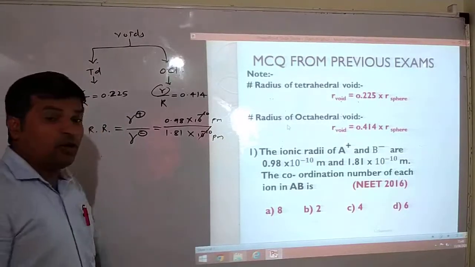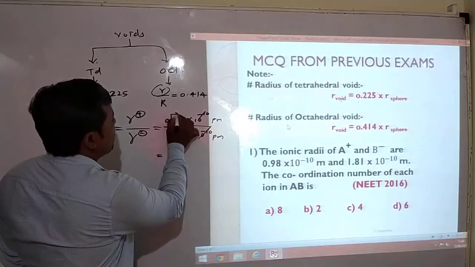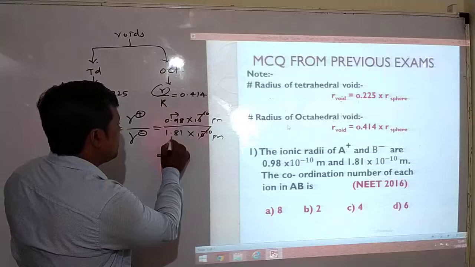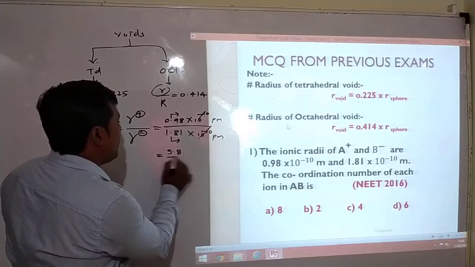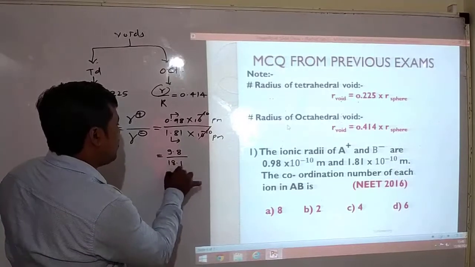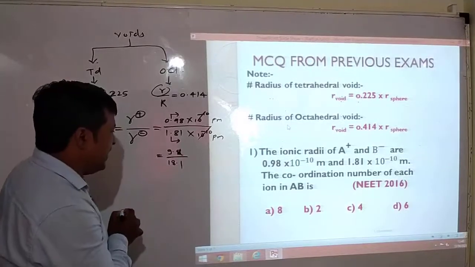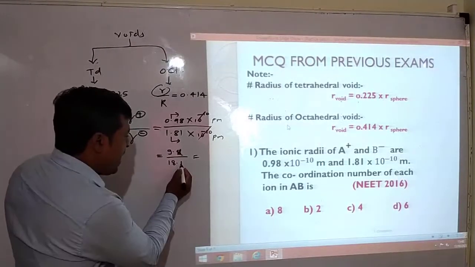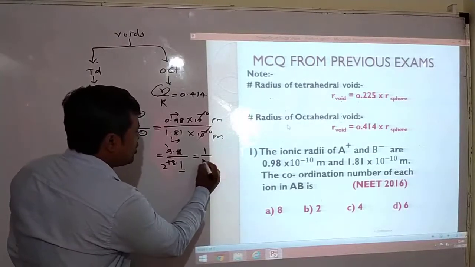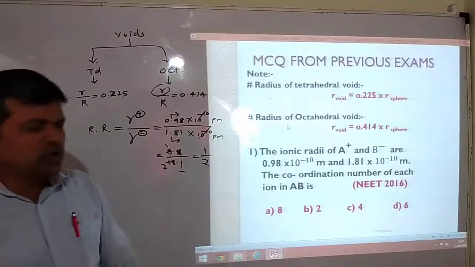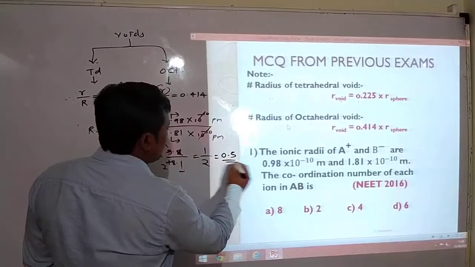Now just shift the decimal point by one digit in both, so it is 9.8 and 18.1. If we round off, it is approximately 9 by 18, which is 1 by 2, that is 0.5.